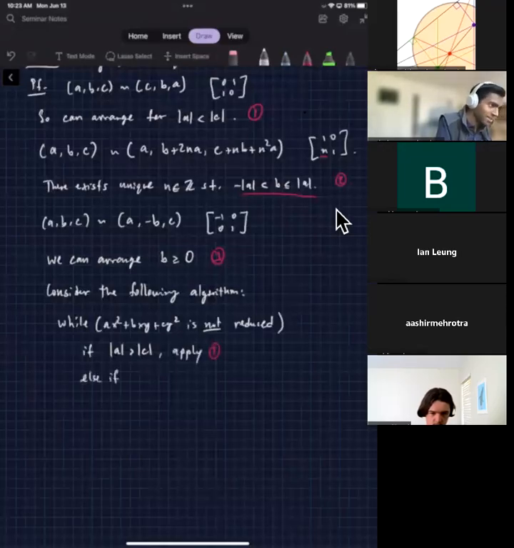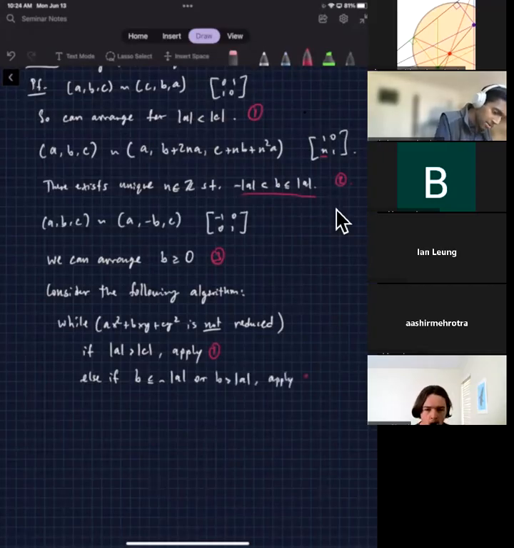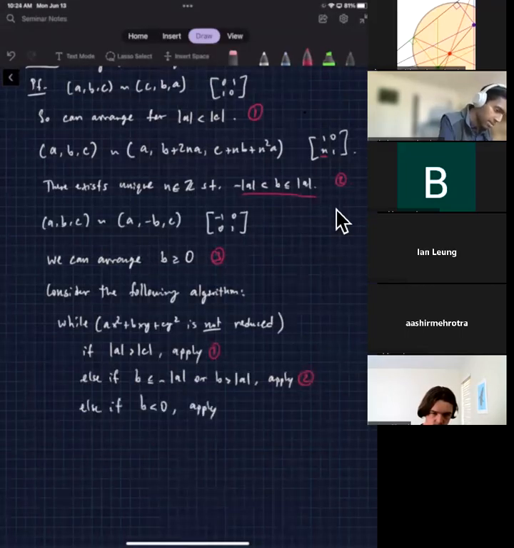Else, if B is less than or equal to minus the absolute value of A, or B is greater than the absolute value of A, we apply step 2. Else, if B is less than 0, we apply step 3.